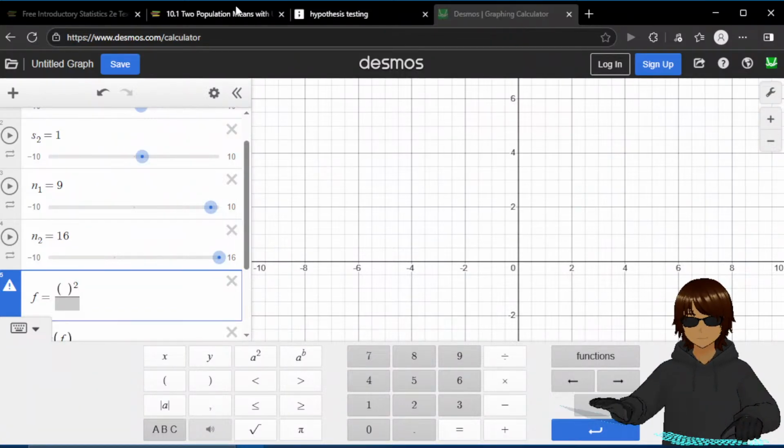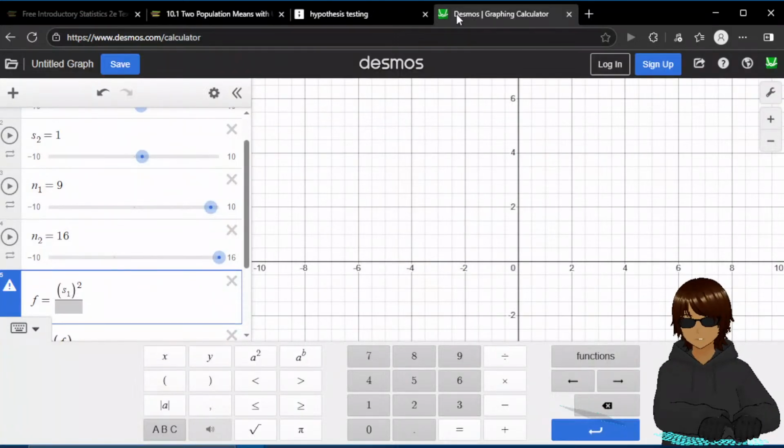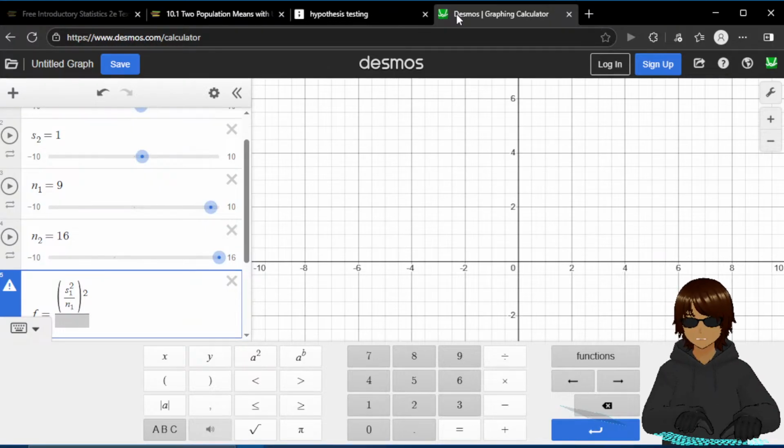Square. Do I have to write the... I don't even know if this is correct. s1 square divided by n1 plus s2 square divided by n2.